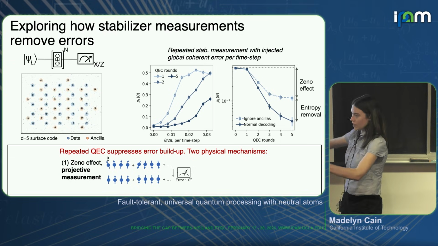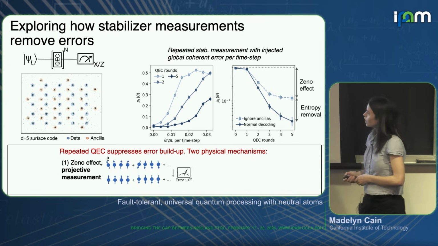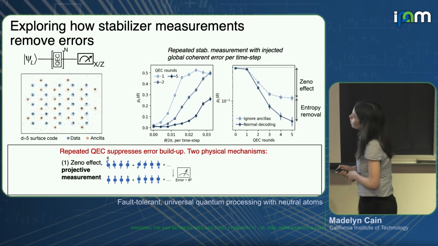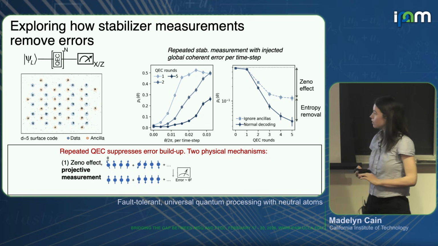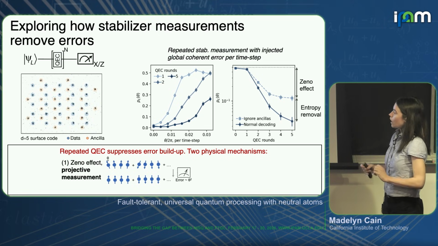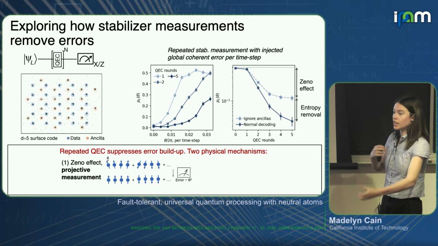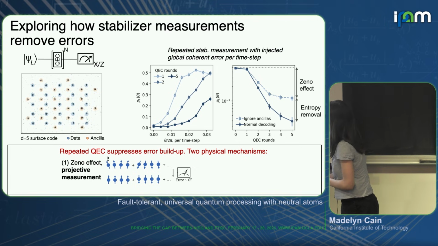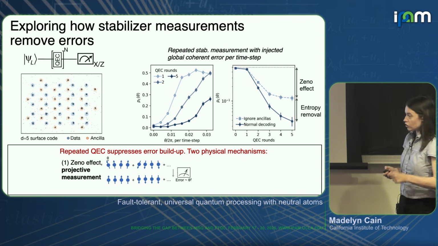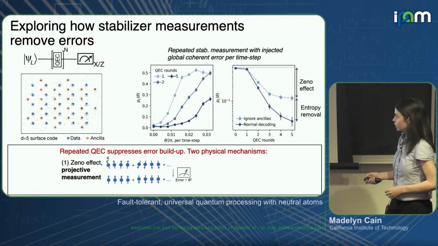We have this code patch, and we've injected a coherent error, but when we measure our stabilizers, we project ourselves back to the code space. As a result, this global coherent error will be decohered into individual local errors, and this will be done to order theta squared for each physical qubit. So this already reduces the errors that we see.